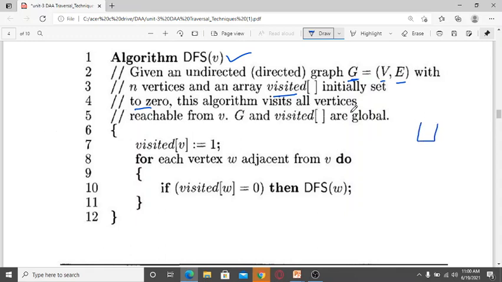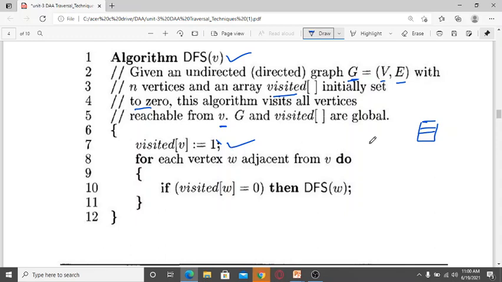This algorithm visits all vertices reachable from v. The graph and visited are global. Then we visit, then we are popping. So visited[v] equals 1.